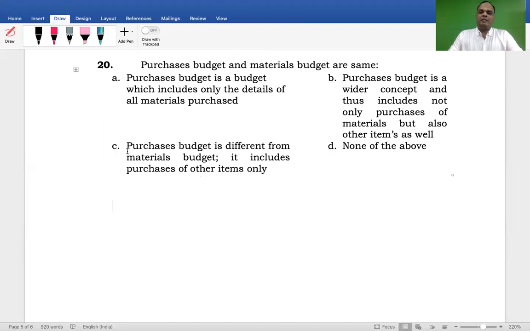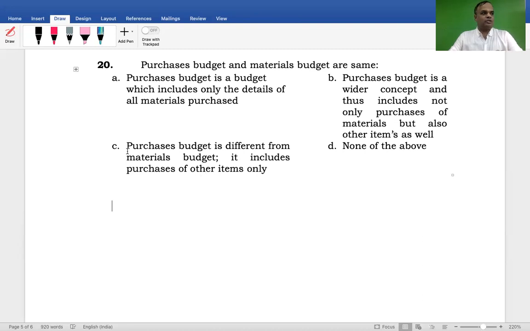Purchases budget and materials budgets are: Option A, purchase budget is a budget which includes only the details of all materials purchased. B, purchase budget is a wider concept and thus includes not only purchase of material but also other items as well.